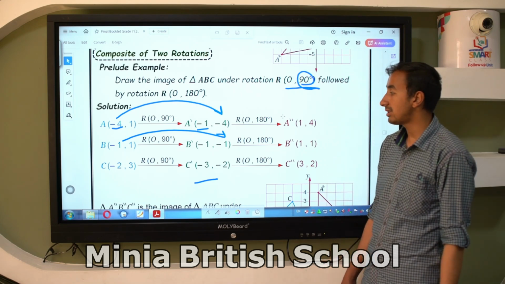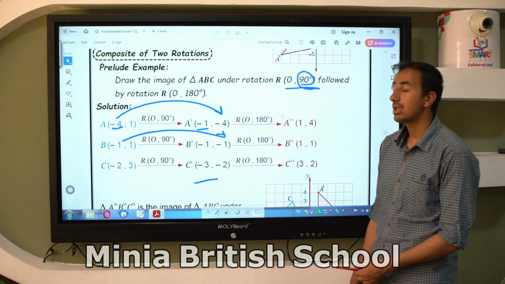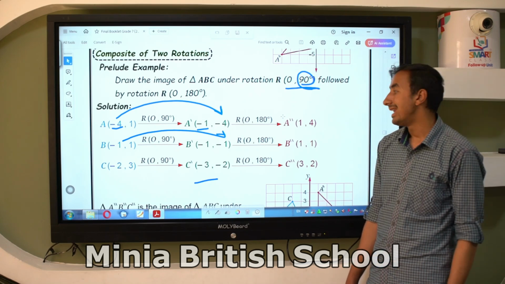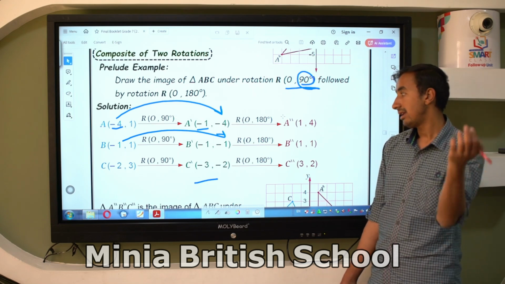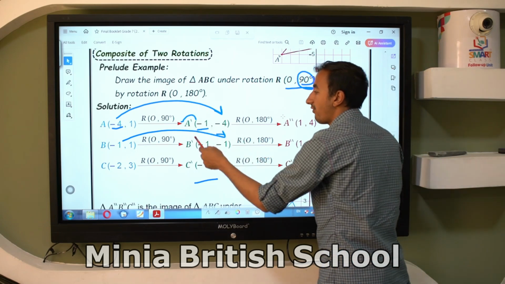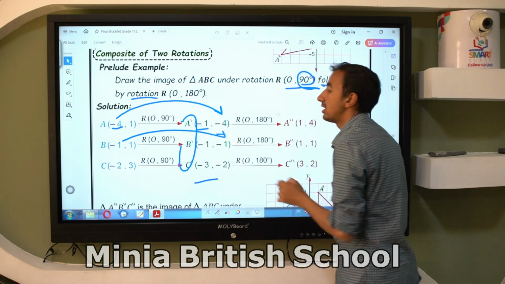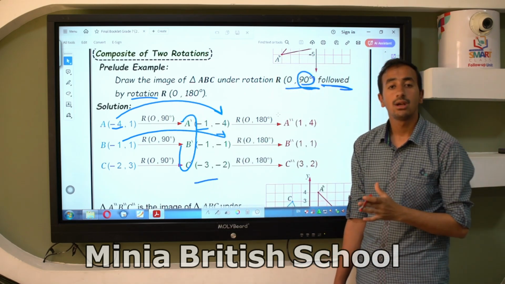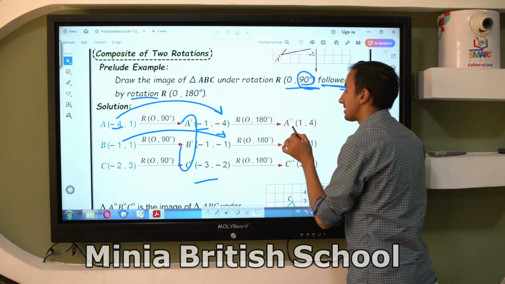But for the rotation by O and 180, here we have (x, y) becomes (negative x, negative y). Rotation 180 for A', followed by the rotation: negative X, negative Y. Negative 1, negative 4 becomes 1, 4.